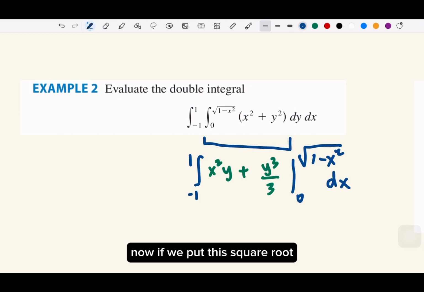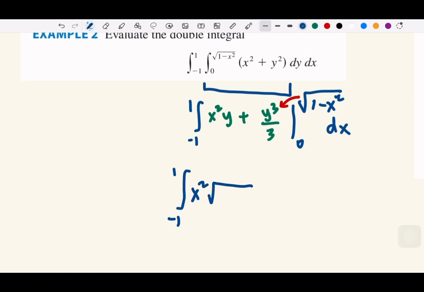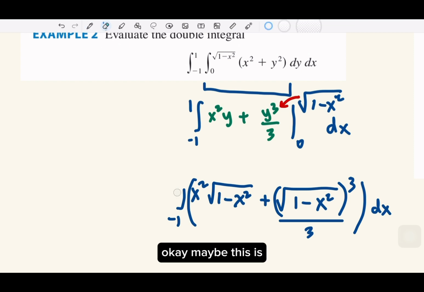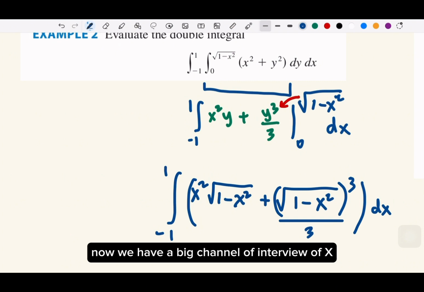Now if we put this square root over here into these two equations, this will be x squared plus, maybe this is, now we have a big chunk of integral of x.